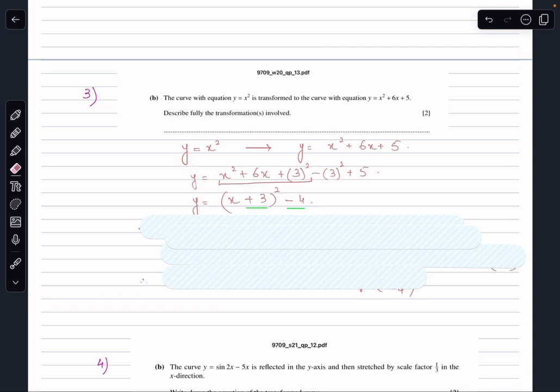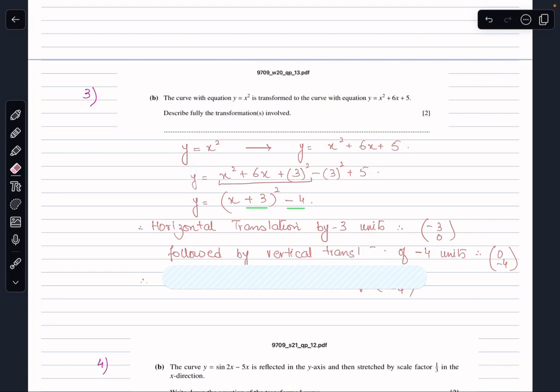For the transformations involved, what I can see is that the transformed function is x squared plus 6x plus 5. So there has to be a quadratic expression related to it.